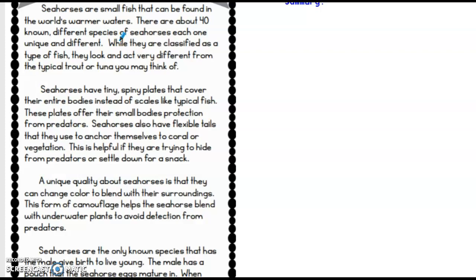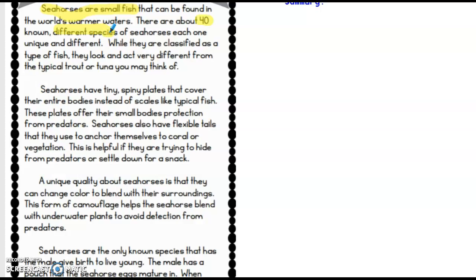While they are classified as a type of fish, they act very different from the typical trout that you may see. So I would say that your main idea, what the whole thing is mainly about, is that seahorses are a type of fish. So you would want to highlight that. You could also highlight that there are about 40 different species.